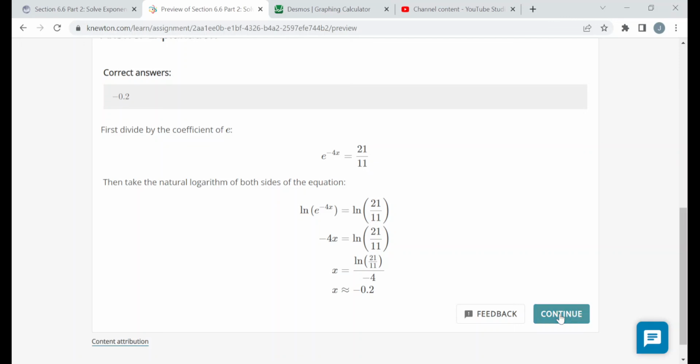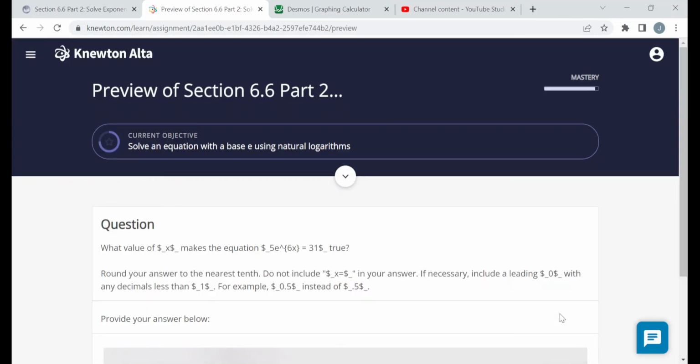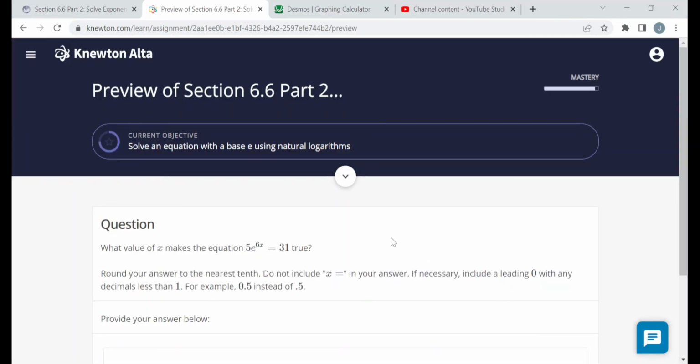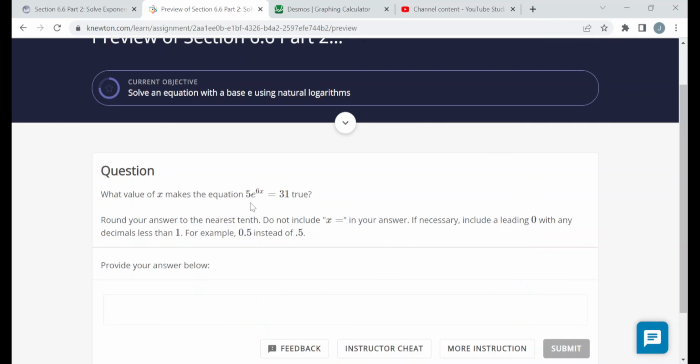Alright, and there should be one more of these. I'll probably just talk this one out and punch it in the calculator. Here, 5 times e to the 6x equals 31. First, you would divide by 5, then write it in natural log form. 6x equals the natural log of 31 fifths, and then divide by 6.